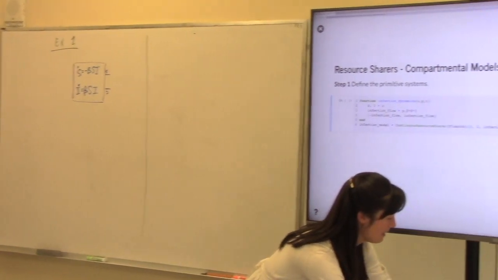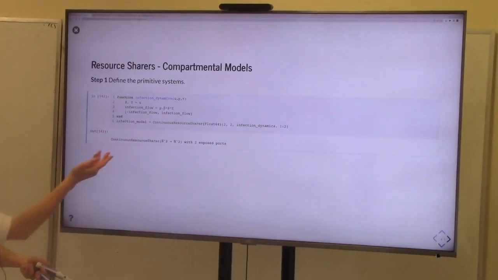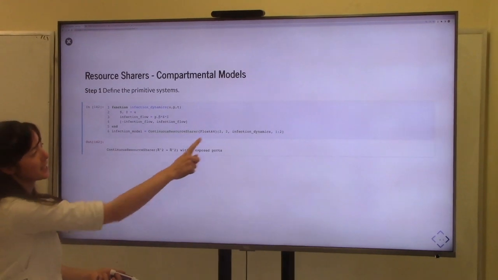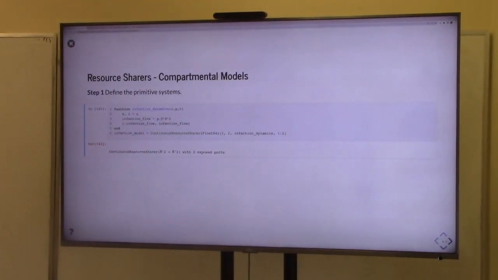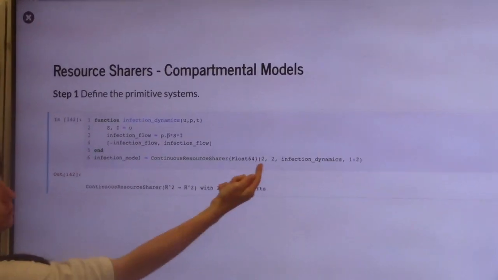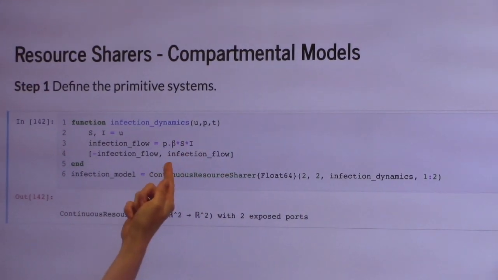So here we have a continuous resource share. So we're in resource sharing world. Float 64 means I have S and I. That sort of corresponds to the fact that I have R written here, floating point numbers. It has 2 ports. Yep. 2 states. Yep. The dynamics that I told you about.